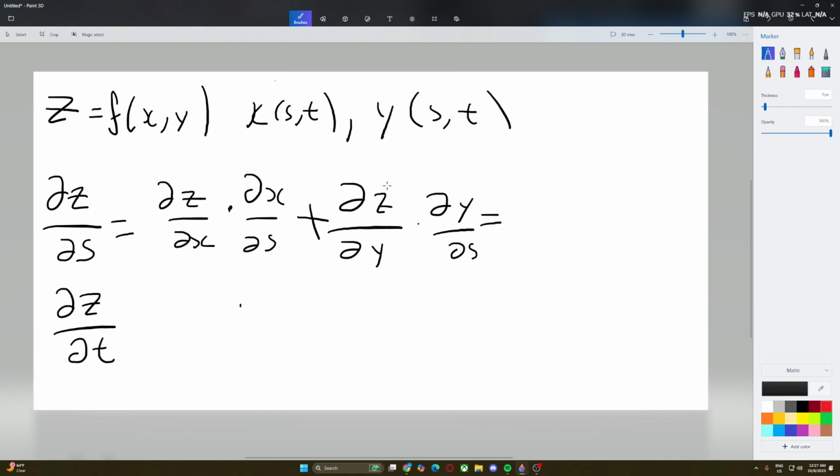But yeah, so you technically can't just do that. These are their own functions, because y is a function of 2 of these, and z is just a function of x and y. But technically, because it can be partial to s and whatever. Yeah. And this is the same thing, but replace s with t.